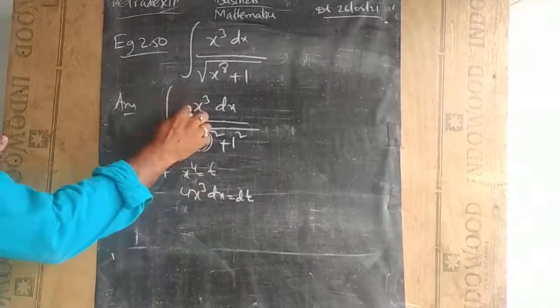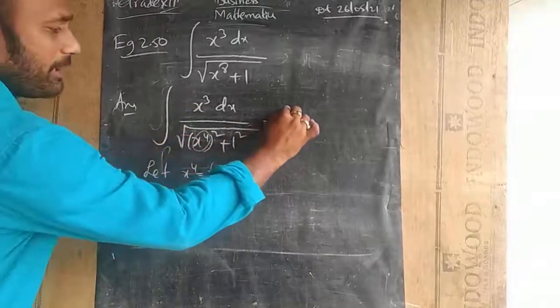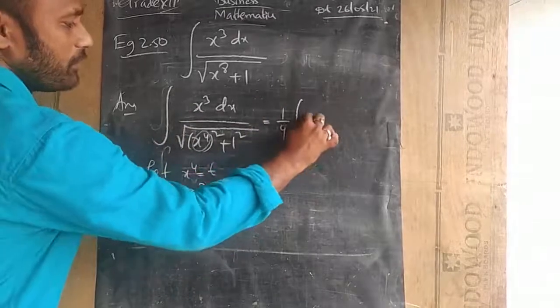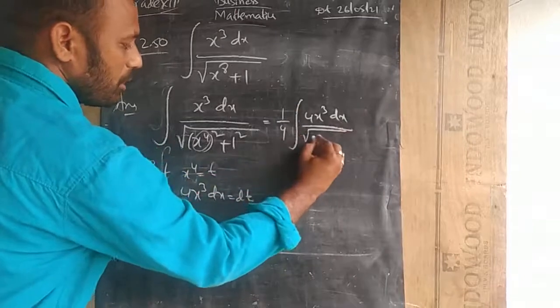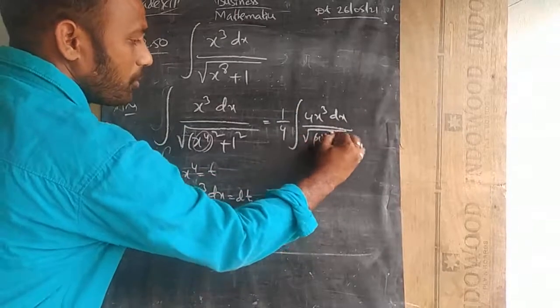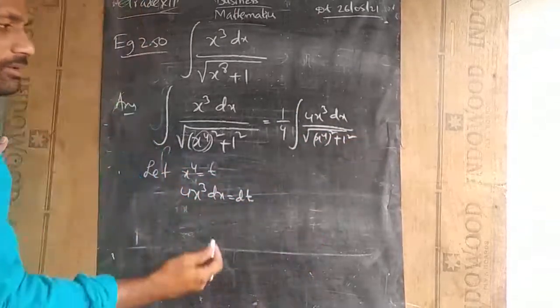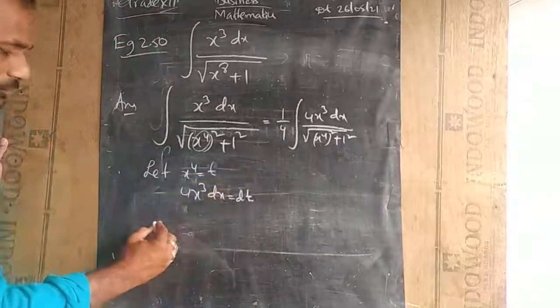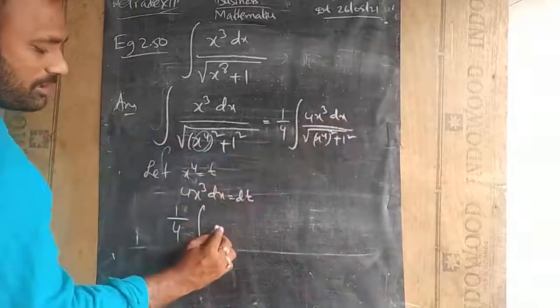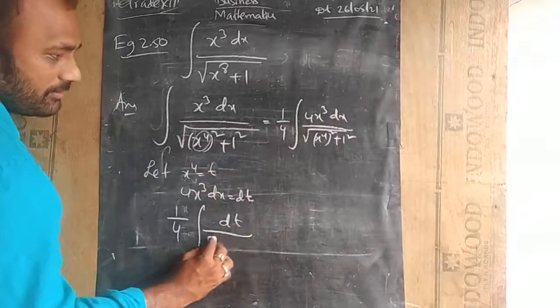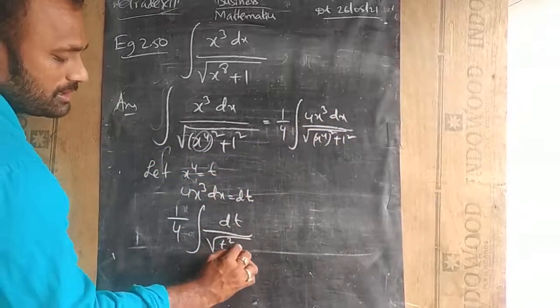Now 4 is not there, so I will multiply and divide by 4. That gives 1 by 4 into 4x cube dx divided by root of (x power 4) whole square plus 1 square. Now 1 by 4 stays as usual, and in place of 4x cube dx it will be dt divided by root of t square plus 1 square.